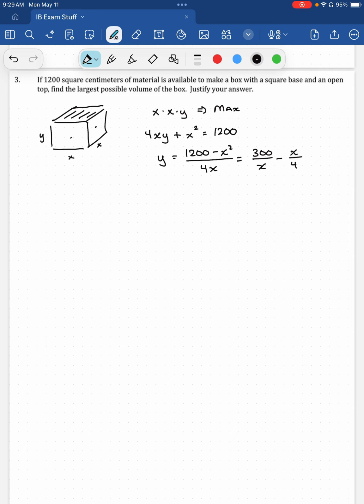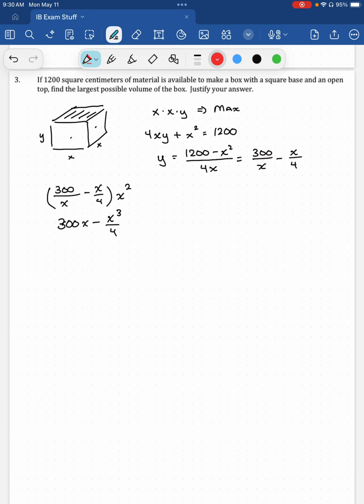So that's my y value. What we're attempting to optimize is x times y, so I'm going to multiply this 300 over x minus x over 4 times x squared to get my function. So that's going to become 300x minus x cubed over 4. And that can be my function.